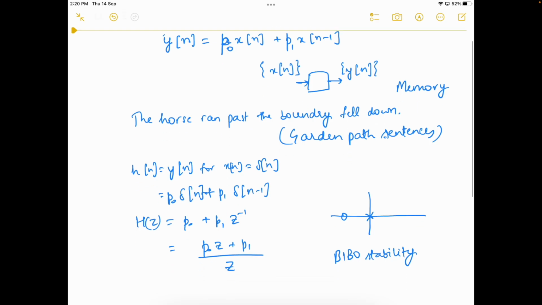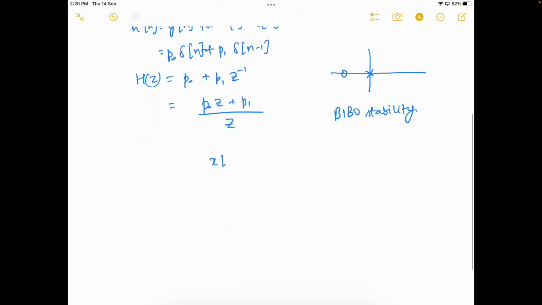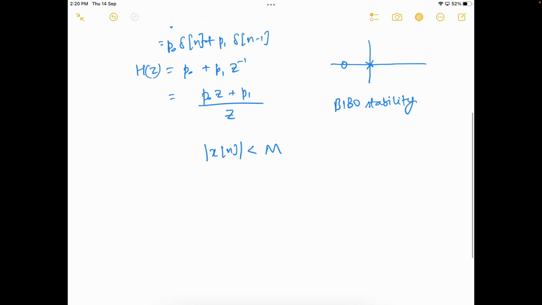Yes. So basically you assume that mod of x of n is less than some m, which is certainly less than infinity because it's bounded. Then my P naught x of n plus P1 x of n minus 1, this bound is always less than or equal to what? You know what this is called? The Cauchy-Schwarz inequality? A triangle inequality.